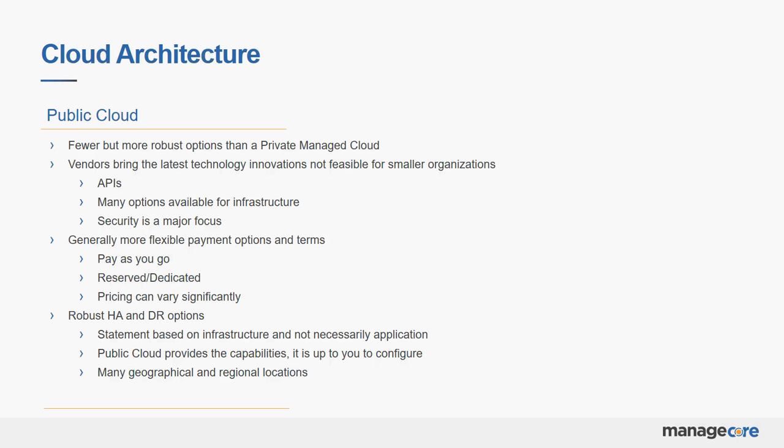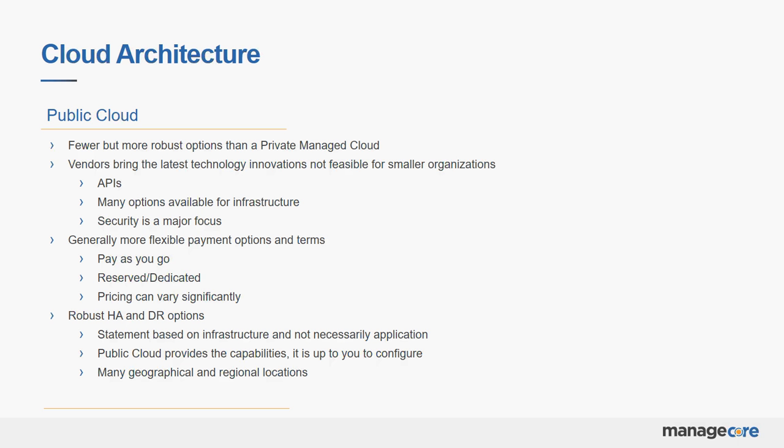From an HA and DR standpoint, they're much more robust. So public clouds, again, are not going to offer a lot of the hands-on configuration of HA and DR. They're going to offer the back-end infrastructure. And what that means is they're going to offer many geographical regions. So if you want to run one in Australia and one in Europe and one in the U.S., you have the capability to do that and very quickly.